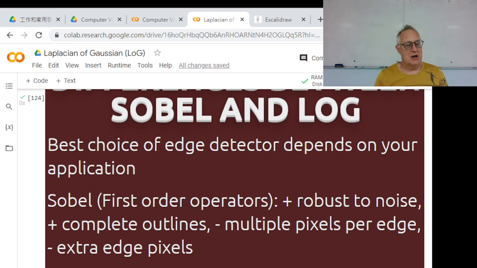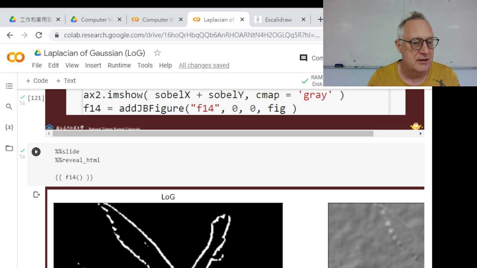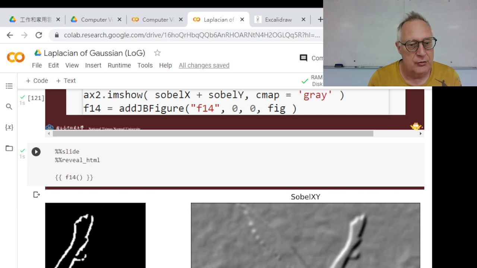So usually one kind of error is worse than another kind of error. So false positive means that you detect an edge pixel even though there is none, right? And a false negative would be that you do not detect an edge pixel even though there is one. So here in this case, Laplacian, these would be a lot of false negatives, the holes here. In the Sobel edge detection, the multiple pixels here would be false positives, examples of false positive errors.